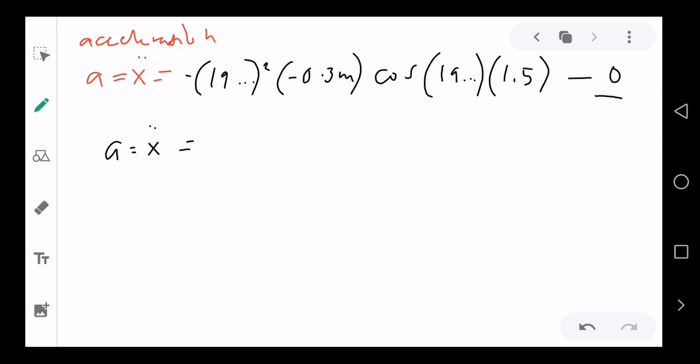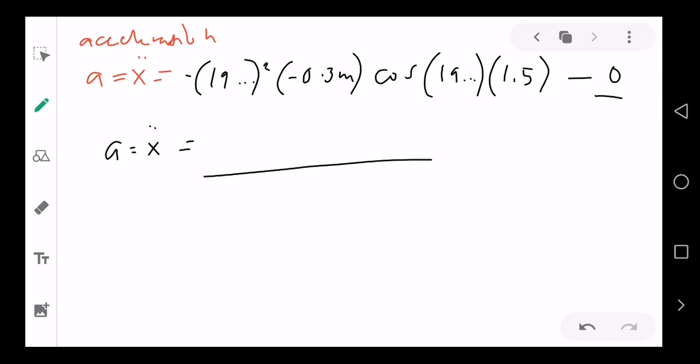Therefore, acceleration or X double prime is equal to, I have my calculator here, 19.3649 squared times negative 0.3 times cosine of 19.3649 times 1.5 seconds. Okay.